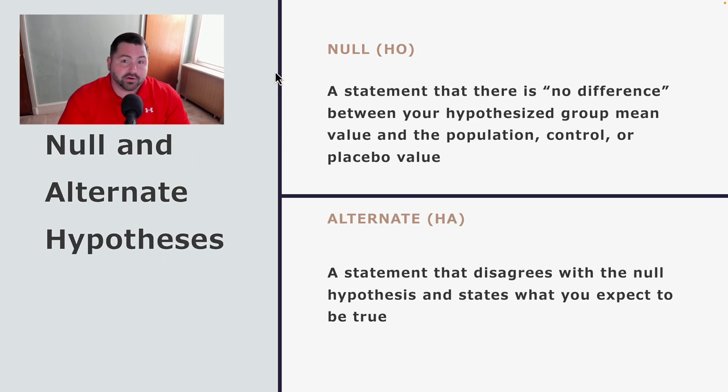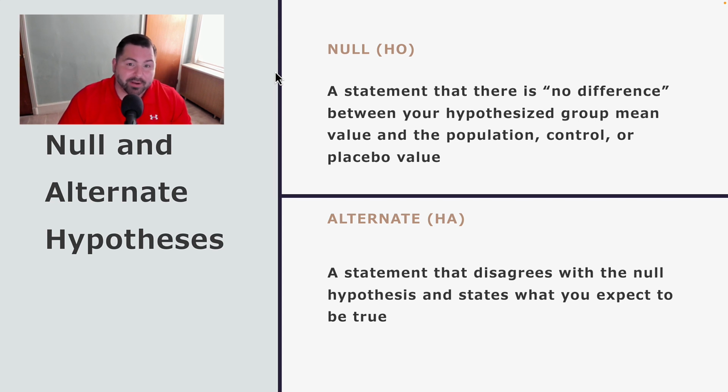So a lot of what you're going to learn in this class is what's known as null and alternative hypotheses. And so when we talk about a null hypothesis, we can demonstrate it in a couple of different ways. You can see from the slide that we can represent it as H0, and that's common in most statistics textbooks.